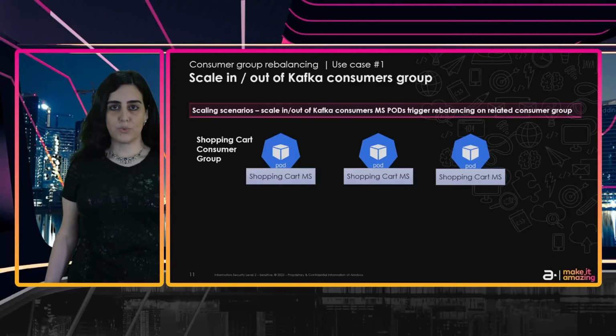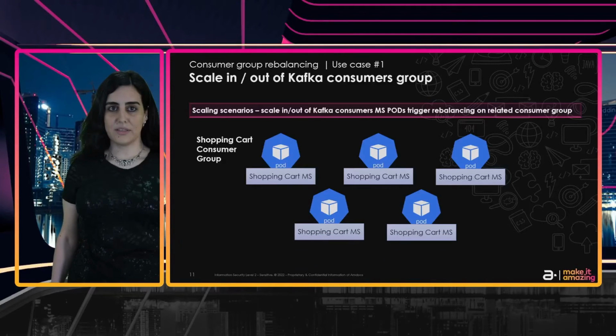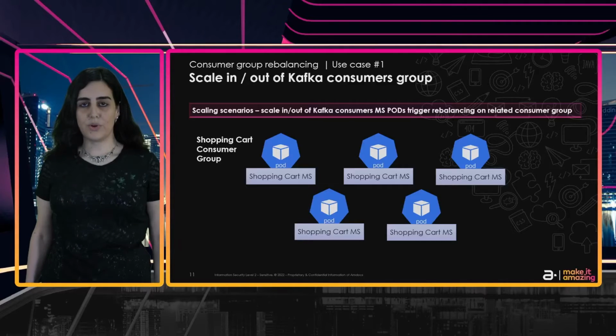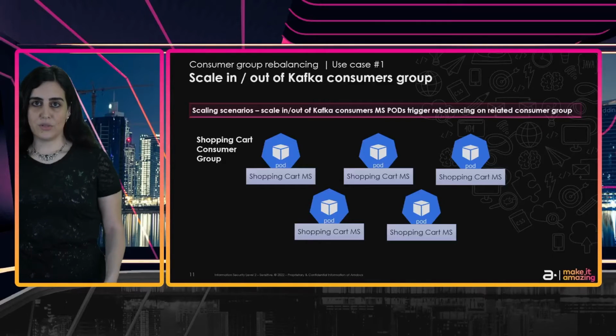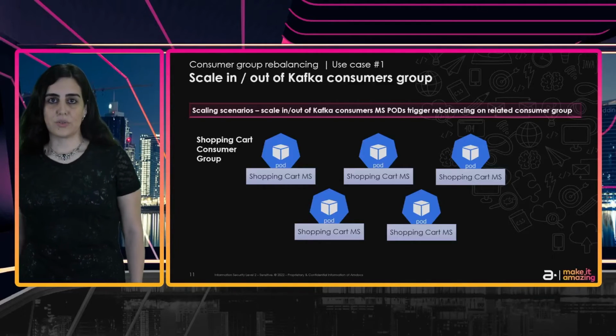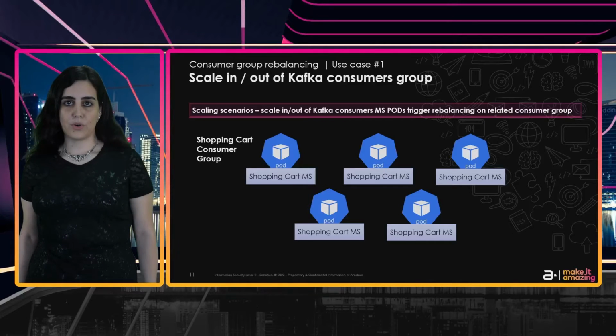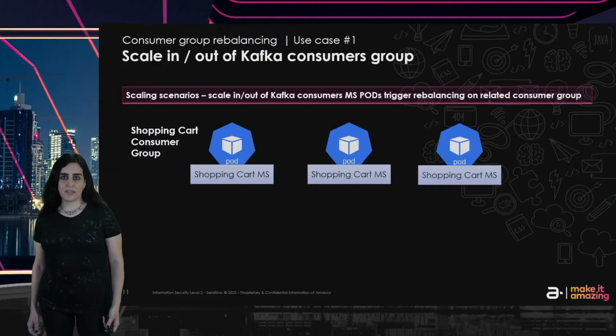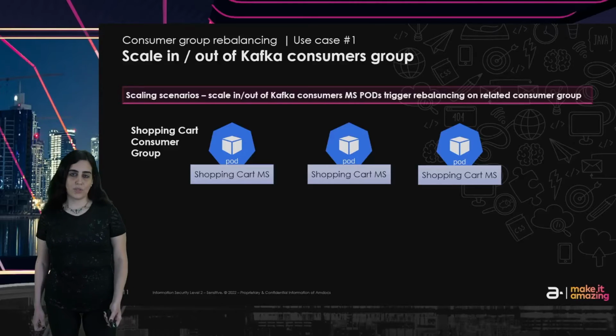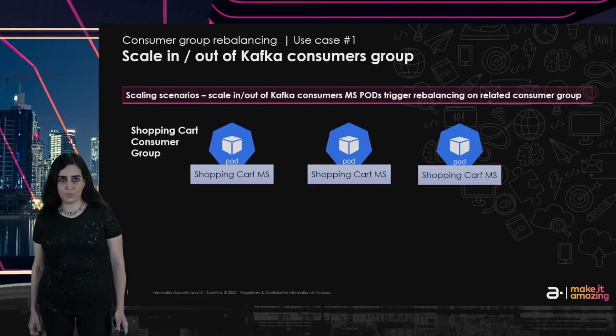Let's say we reach a peak hour and we scale out, so 2 more instances are added. Now group rebalancing is triggered, because we need to transfer some of the owned partitions from the existing consumers to the new joiners. After some time, we're back to normal, so we scale back. Now these 2 members leave our group, and we again need to trigger rebalancing in order to move their owned partitions to the remaining members of our group.